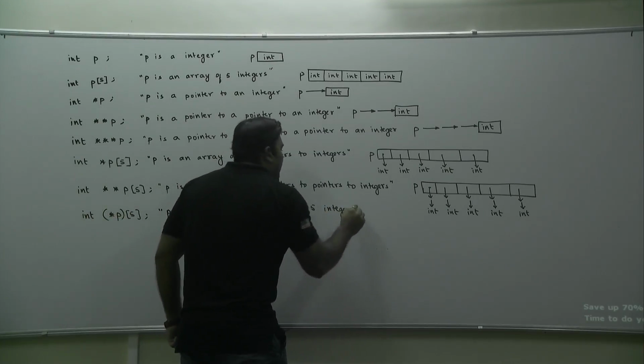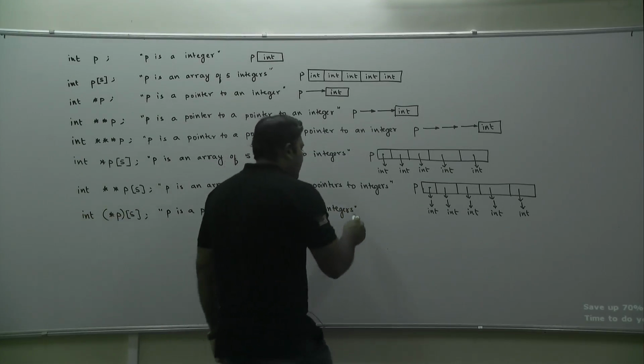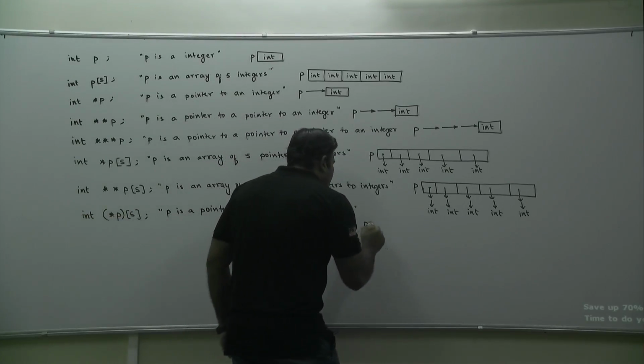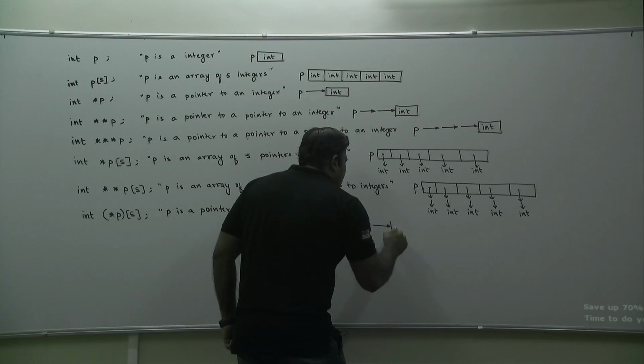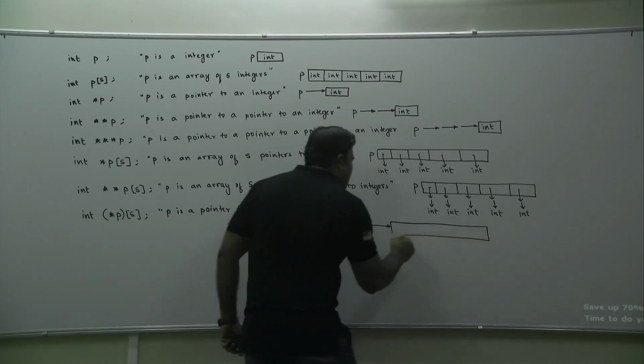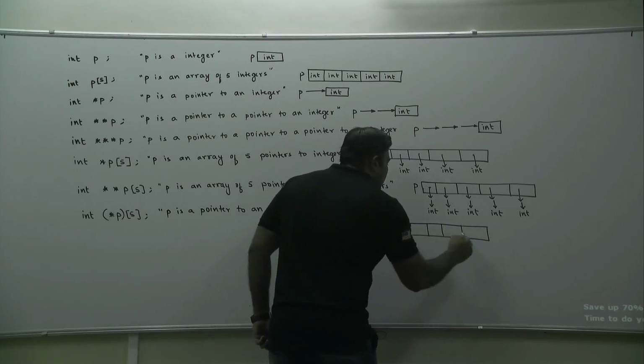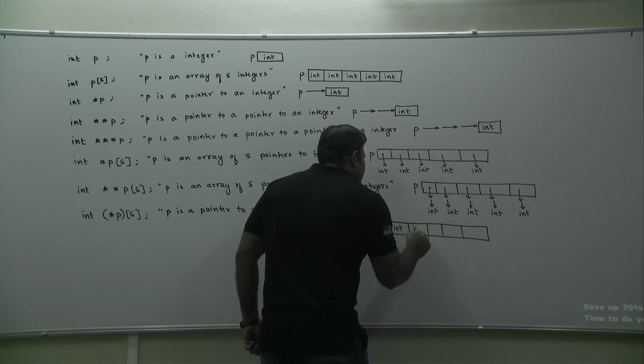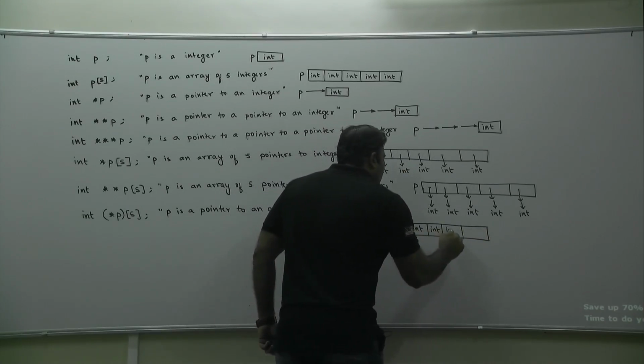This is what I would be telling. If you ask me, sir, write it pictorially, I am writing it here. See, P is a pointer to an array of 5 integers. That is what it is pictorially.